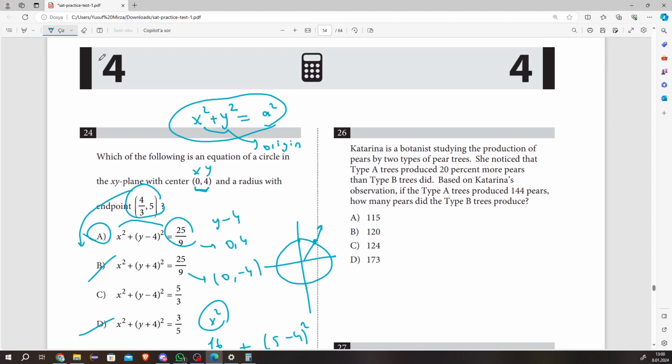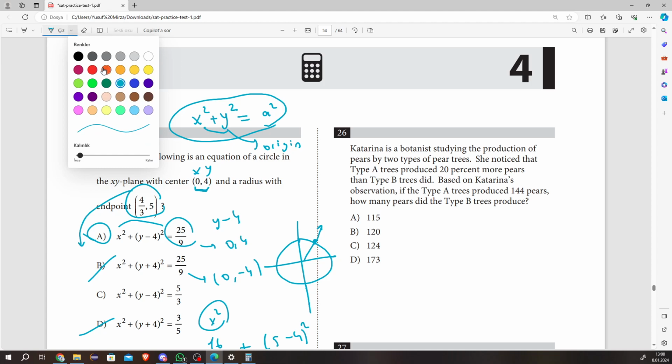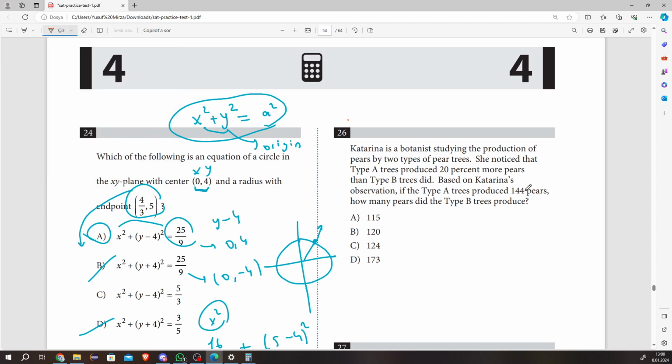Production of pears and 2 types of pear trees. What's a pear tree? Interesting. More pears then. So how many?